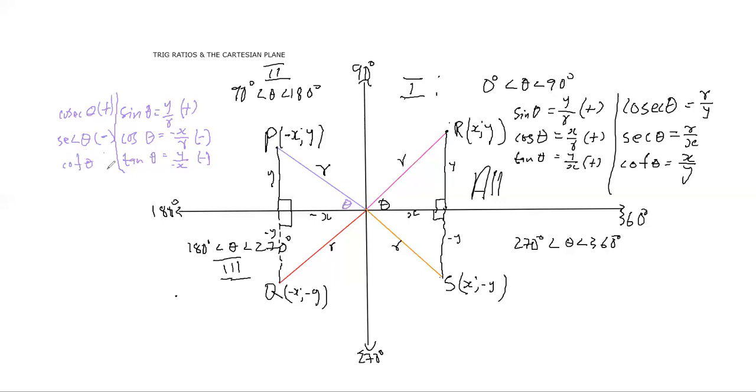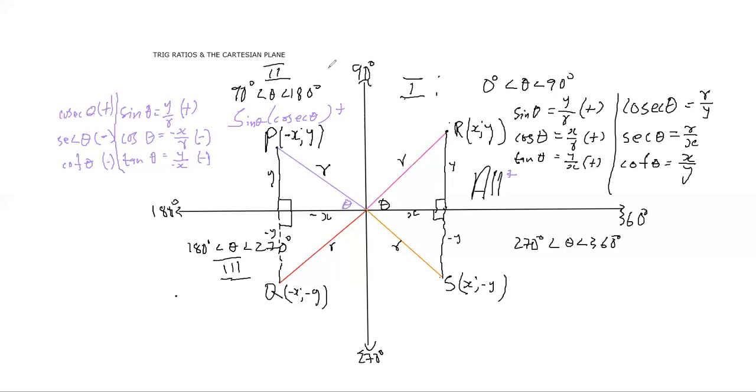If the tangent is negative, this will also be negative. So something very interesting is that only sine and its reciprocal cosec are actually positive in this quadrant. Here they are all positive. Here only sine and its reciprocal are positive.